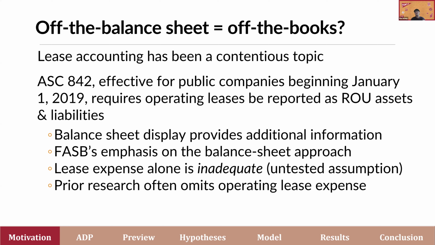But you can't do that with R&D because R&D is inherently uncertain. So when you have very certain future cash flows underlying operating leases, that's where the income statement is sufficient based on our findings. Capitalizing lease expenses onto the balance sheet is not harmful, but it is costly, and it is not incrementally informative beyond what the income statement already provides.